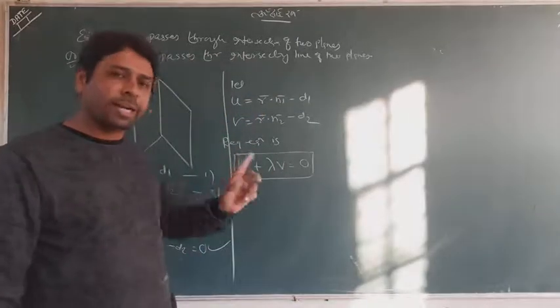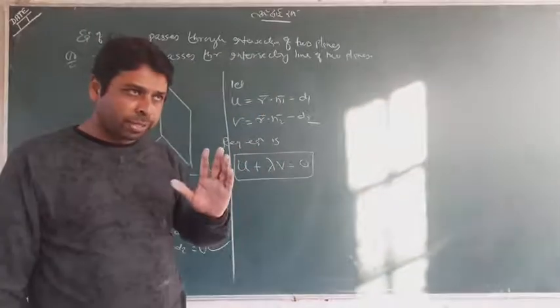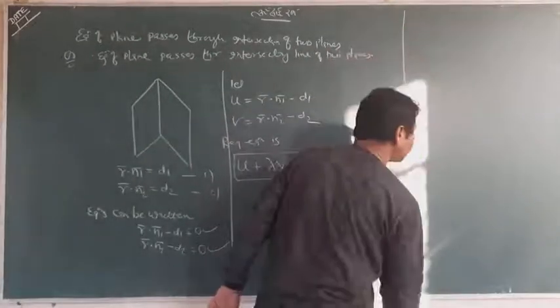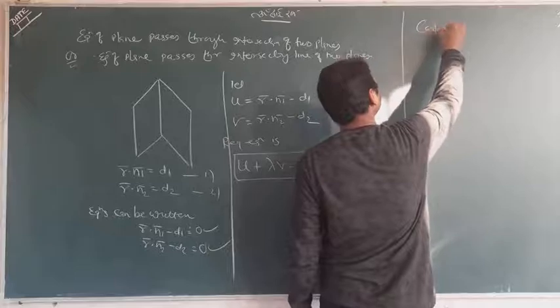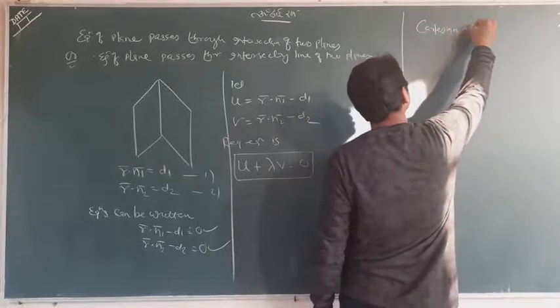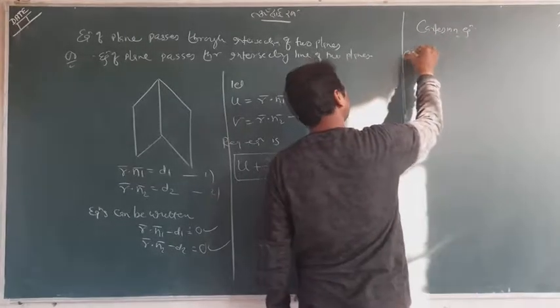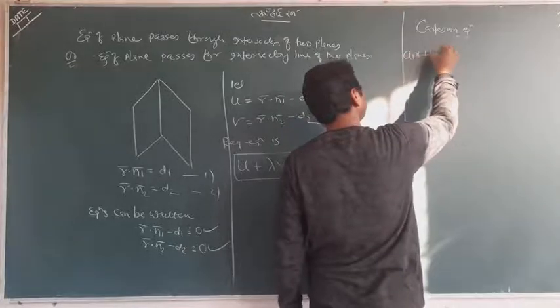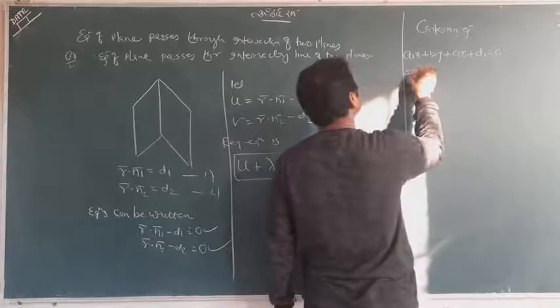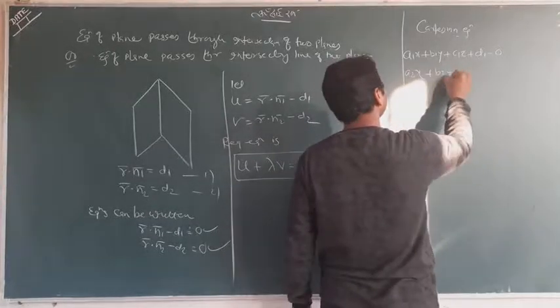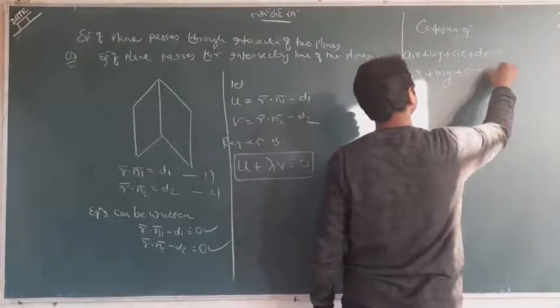I will move on and tell you the second method. The second method is the Cartesian equation. Two planes will be given: a1x plus b1y plus c1z plus d1, and a2x plus b2y plus c2z plus d2.